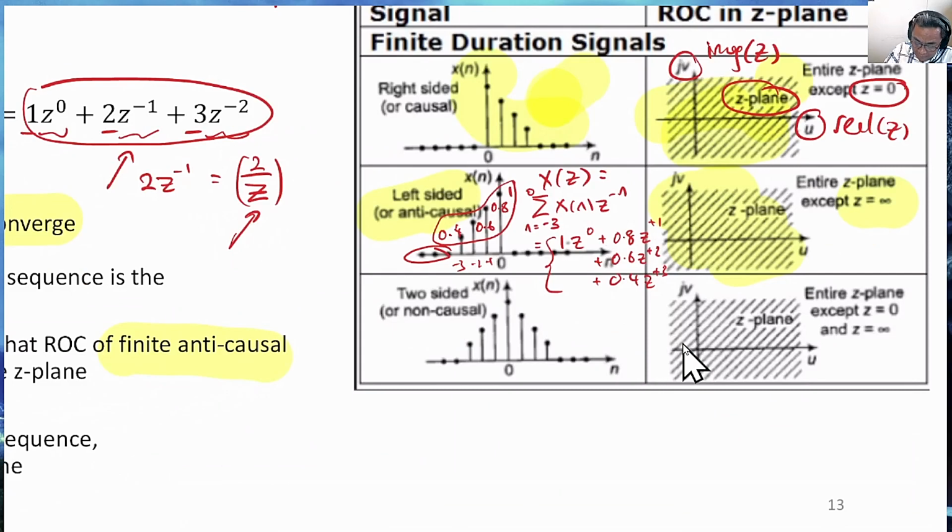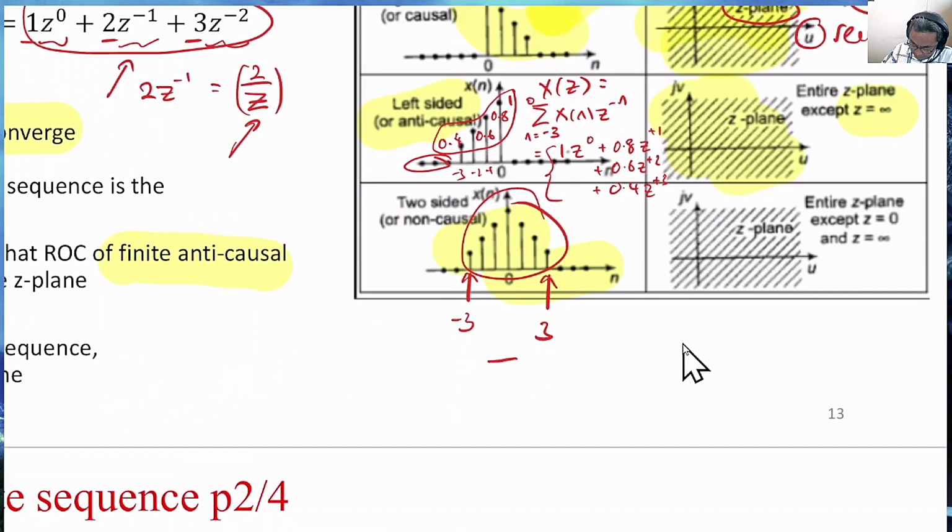What about the last example? In this example, we again have a finite sequence, but it extends from minus 3 index to 3 index. Only 7 numbers. When we write the equation for these 7 numbers, the sum is only from minus 3 to 3, xn z minus n.